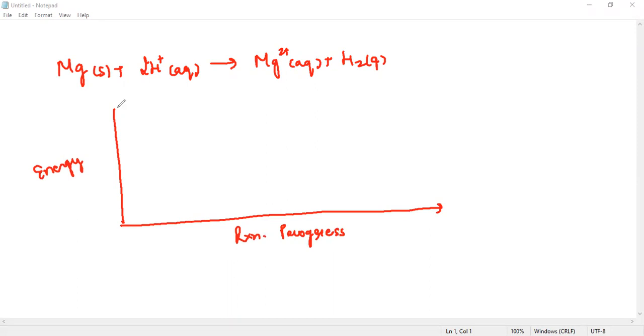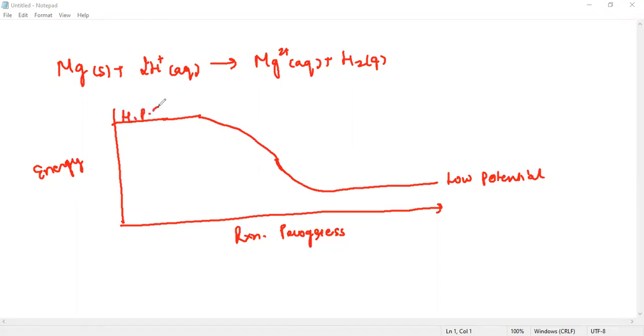After some time it will begin to decrease exponentially, and when the products are formed it will have low potential energy by the end of this reaction, because most of the reactants are being converted into the products. So here you have high potential energy of chemical system.